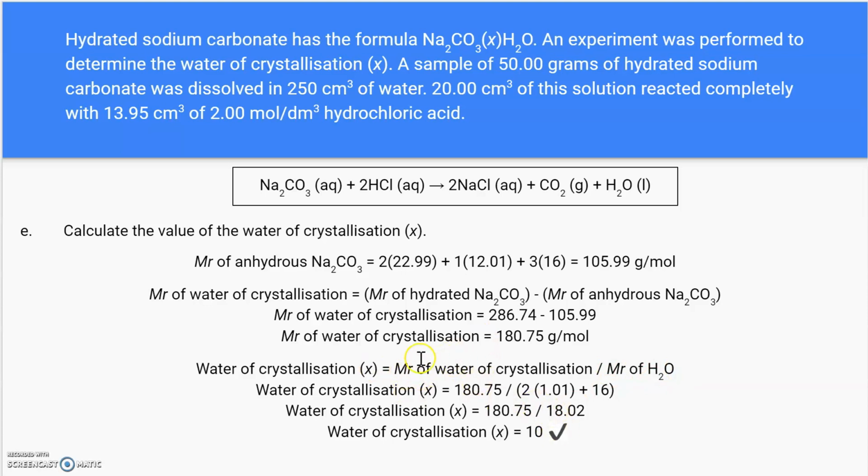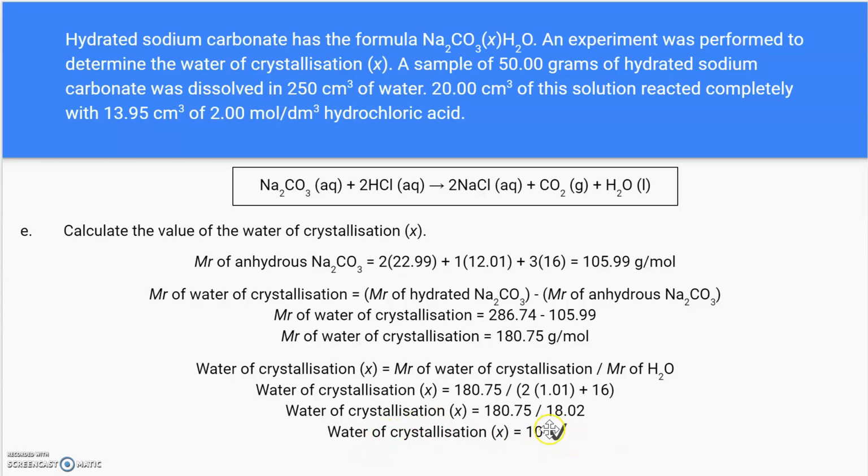So we have 180.75 and divide that by the molar mass of water, which is 2 times the molar mass of hydrogen plus 1 times the molar mass of oxygen, which is 16. In the end, the water of crystallization is 180.75 divided by 18.02, which is 10.